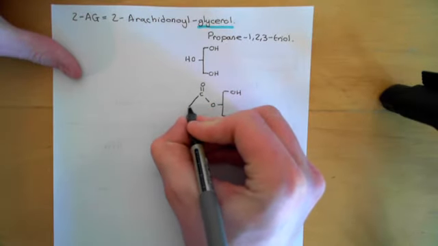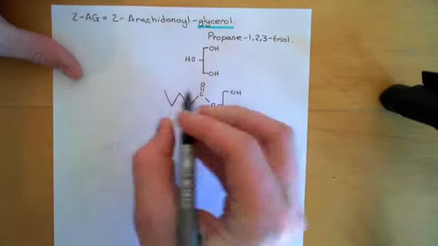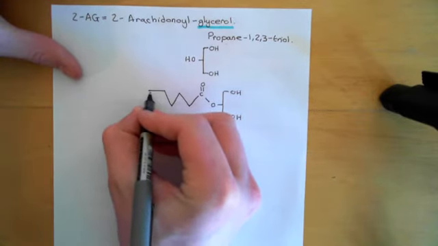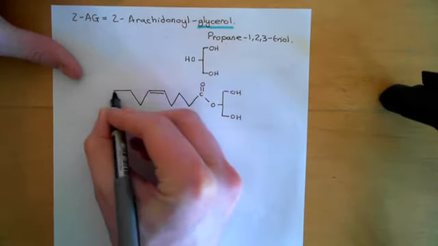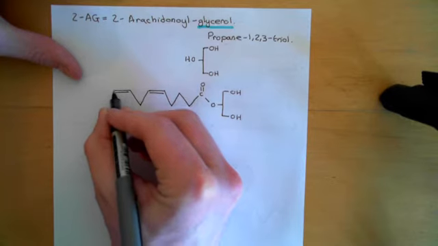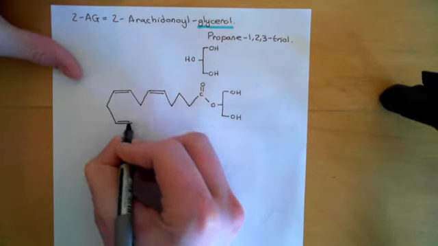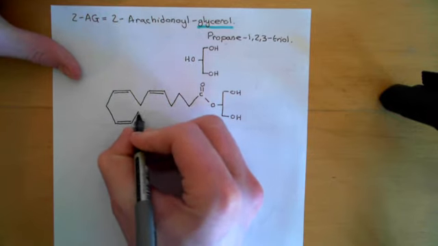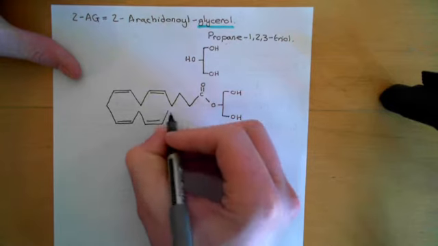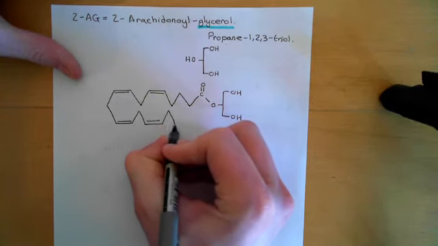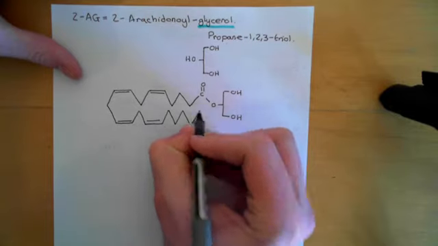So here's the first carbon, here's second, third, fourth, fifth, double bond between the fifth and the sixth, seventh, eighth, double bond between the eighth and the ninth, then the 10th, the 11th, double bond between the 11th and the 12th, 13th, 14th, 15th, double bond between the 14th and the 15th, 16th, 17th, 18th, 19th, and then 20th.